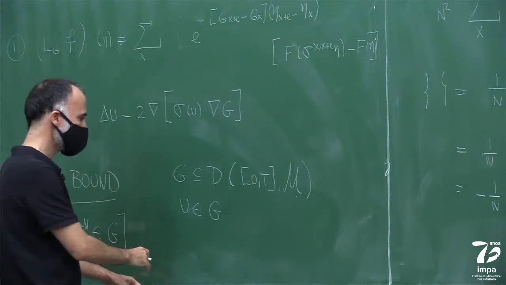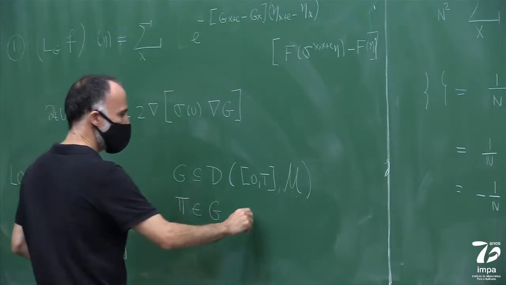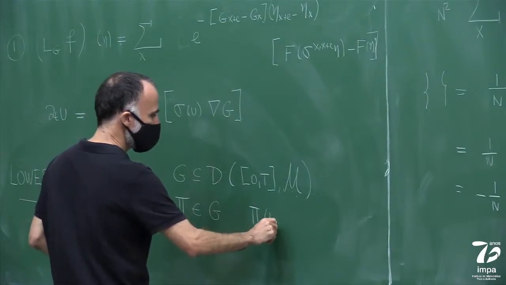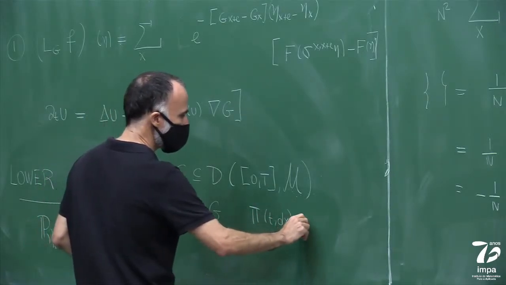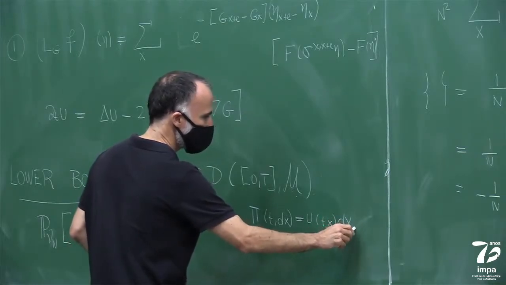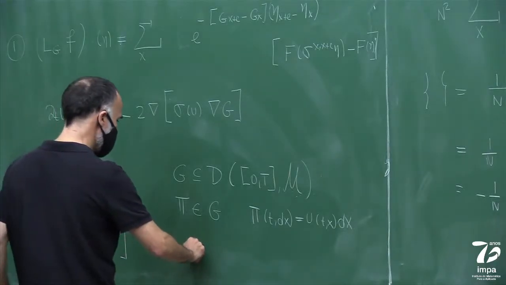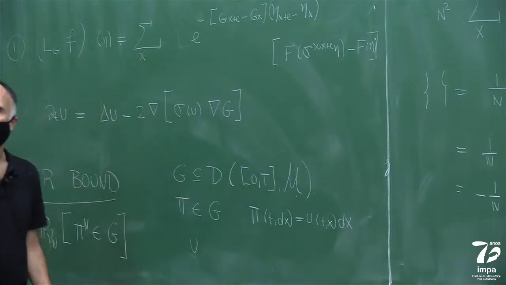So actually, pi is an element here, and I'm assuming that pi t dx is equal to u t x dx. And more than that, I will be assuming that u is very nice.